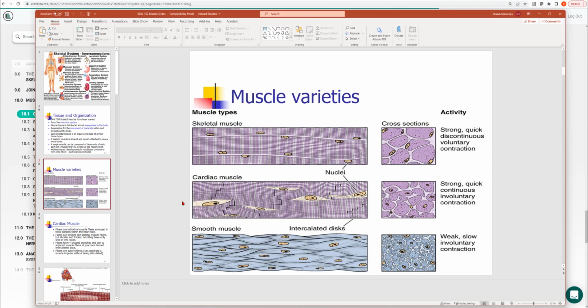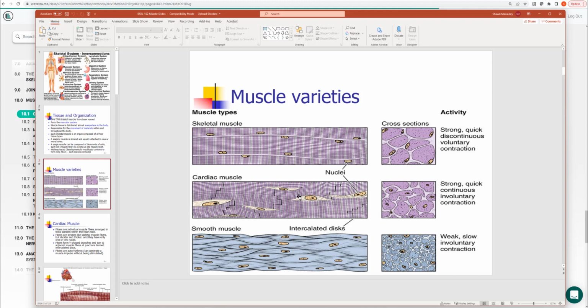Versus the cardiac muscle, where we still see the striations. We see these etch-a-sketch looking lines, if you know what an etch-a-sketch is. These black lines represent the intercalated discs. You can also see some odd branching pattern going on within the cardiac muscle cells.